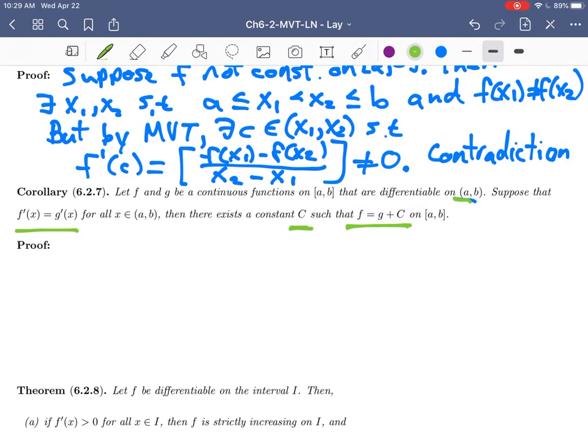To prove this, simply consider f minus g, and apply the previous theorem.